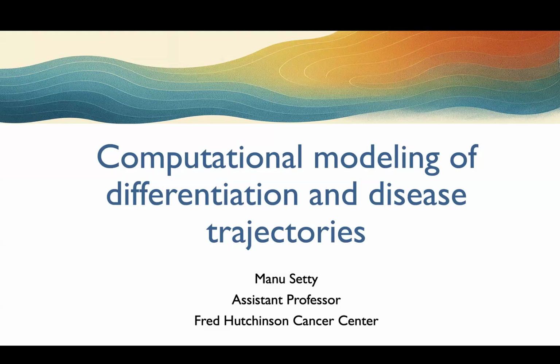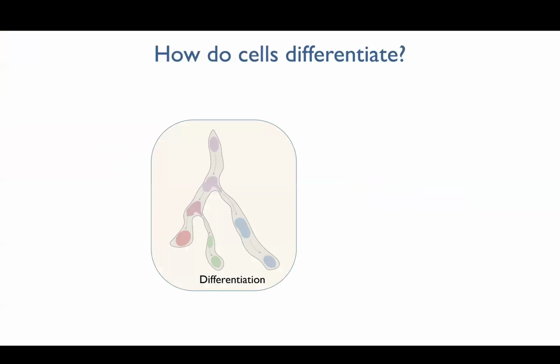We are a computational biology lab, but we come from thinking about specific biological questions. We're interested in understanding how cells differentiate, which is super cool, right? We are complex organisms capable of abstract thought, but all our lives really began as one single cell. So 1 became 2, 2 became 4, and then through a cascade of changes, we are what we are in many ways.